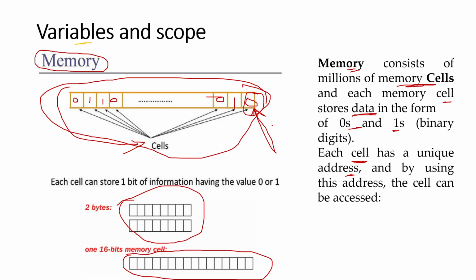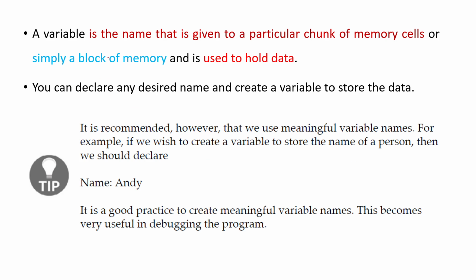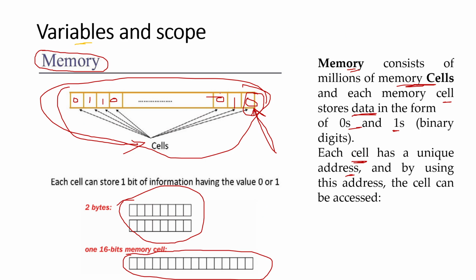Clear? Okay, with that introduction, we shall go ahead with the variable. We already have seen variables, right? Basically a variable is just a name given to a chunk of memory cells, or to make it simple, to a block of memory. The purpose is to hold the data. A variable is just a name.